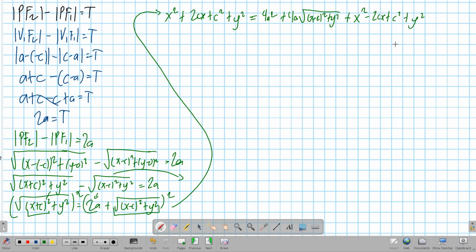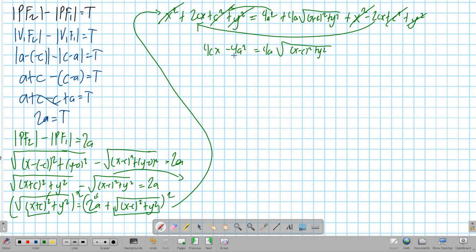Let's simplify things by cancelling things out that can be cancelled. We can cancel actually x squared, c squared, and y squared. And let's leave the one with the radical expression on that side and the rest moving on the other side. I'm going to have 2cx, then this becomes plus 2cx, this becomes 4cx minus 4a squared is equal to 4a times the square root of x minus c squared plus y squared.